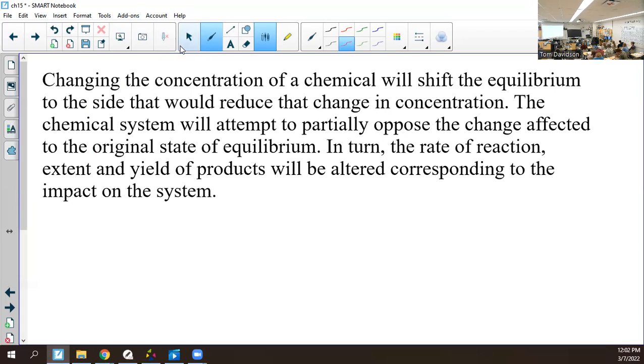So I would not, once again, write every word down here, but changing the concentration of a chemical will shift the equilibrium to the side that would reduce the change in concentration. The chemical system will attempt to partially oppose the change affected to the original state of equilibrium. In turn, the rate of reaction, extent and yield of products will be altered corresponding to the impact on the system. Okay, so that's a lot of words.